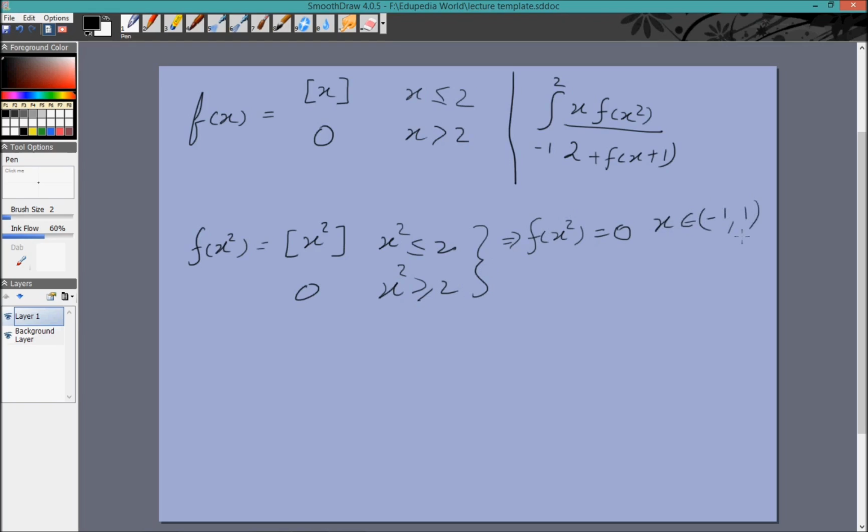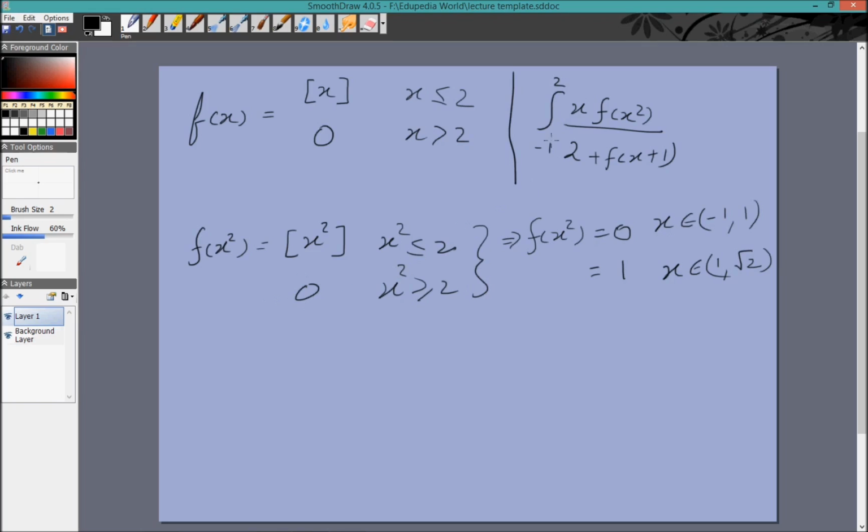If we go greater than 1 and less than root 2, then x² is between 1 and 2, so the greatest integer is equal to 1. So it is equal to 1 if x is between 1 and root 2. I'm not looking at the negative side because I only need from -1 to 2. If x is greater than root 2, then x² is greater than or equal to 2, and this value becomes 0.